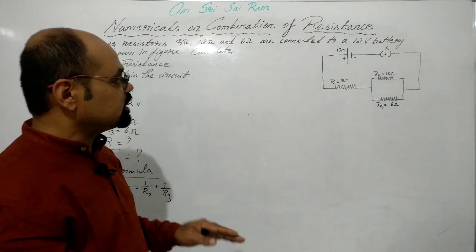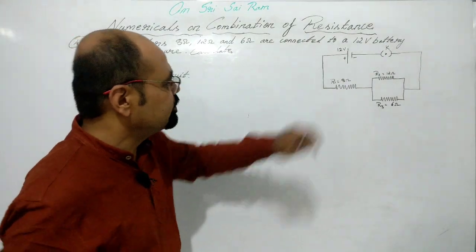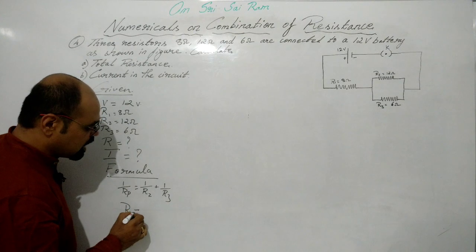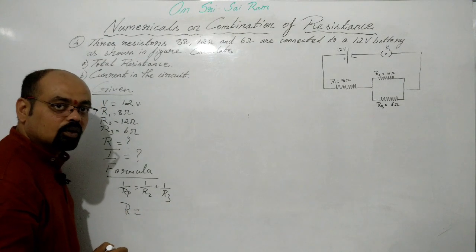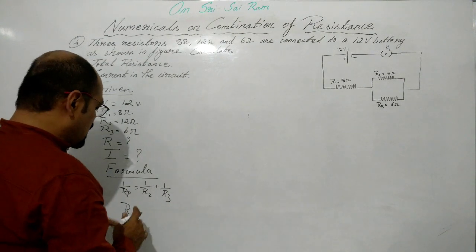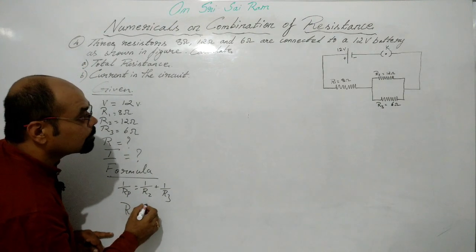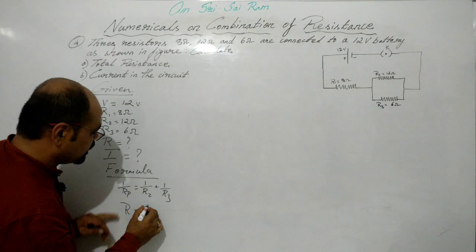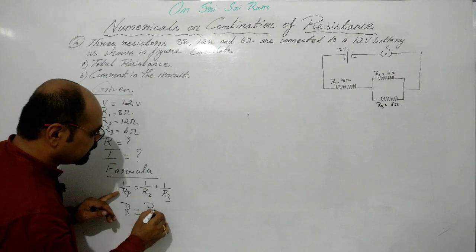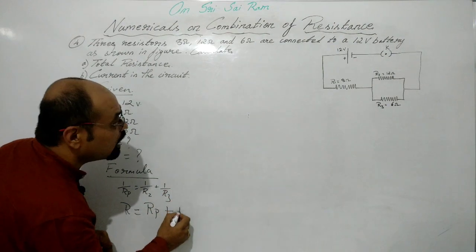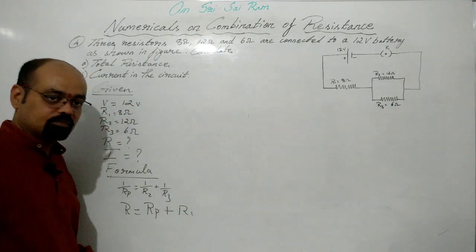Next we have this resistor which is connected in series. So the total resistance R is equal to Rp, once we get the value of Rp, plus R1.